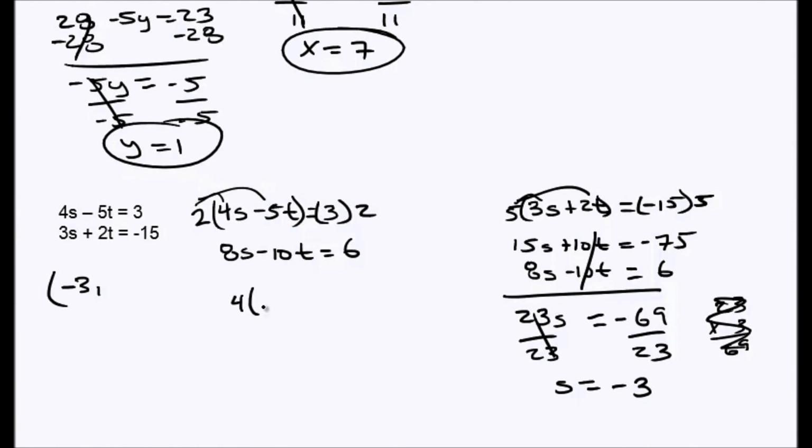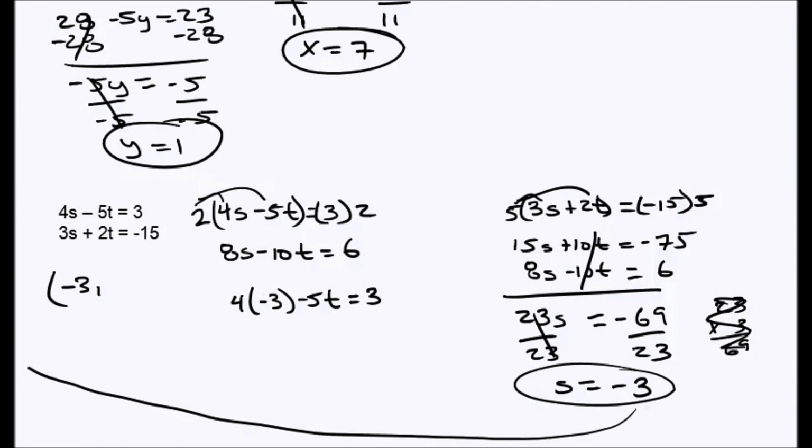Okay, so 4 times s, which is negative 3, minus 5t is equal to 3. So I plug the negative 3 into the first equation. So 4 times negative 3 is negative 12, minus 5t is equal to 3. Add 12 to both sides. This is just a two-step equation. That zeroes out.